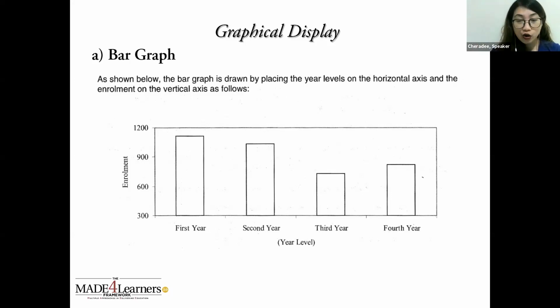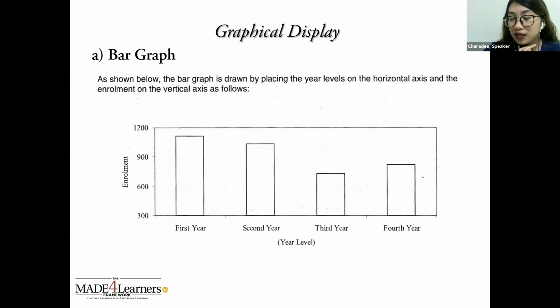Comparing among categories. And as you notice, diba, there is a gap, no? Now, what does the gap there mean? Although this is too large of a gap, actually there is no standard for what is the actual width. The important thing there is there should be a gap among the data. Why?